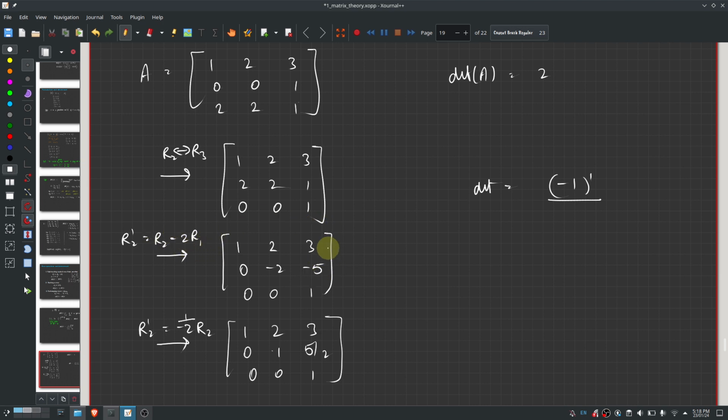So this operation does not change the determinant. This operation does change it, so it's minus 2. So minus half times the determinant would be equal to this. So this would be divided by minus half. So this would just be equal to plus. Okay.